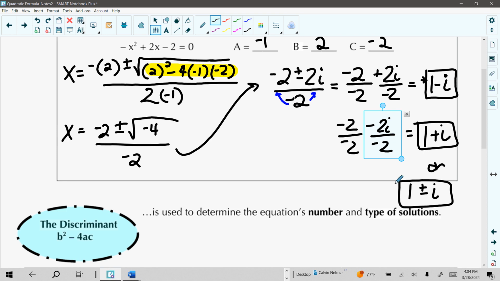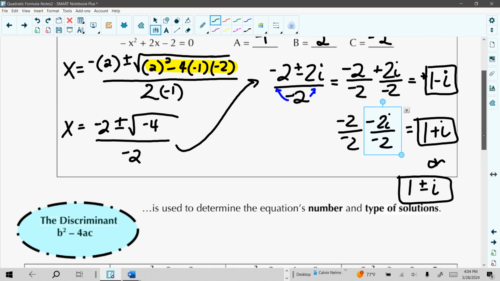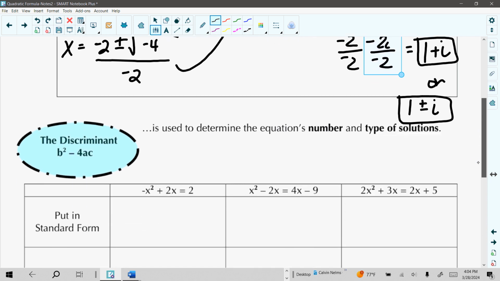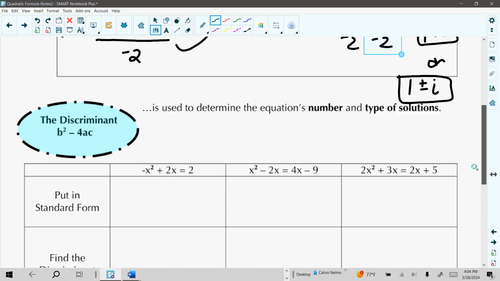Now, a shortcut that you could use to help determine if it's going to be imaginary or real is just looking at the part that we have underneath the radical, the part that I highlight and say put in the calculator. That is called the discriminant. The discriminant will determine the number and types of solutions.